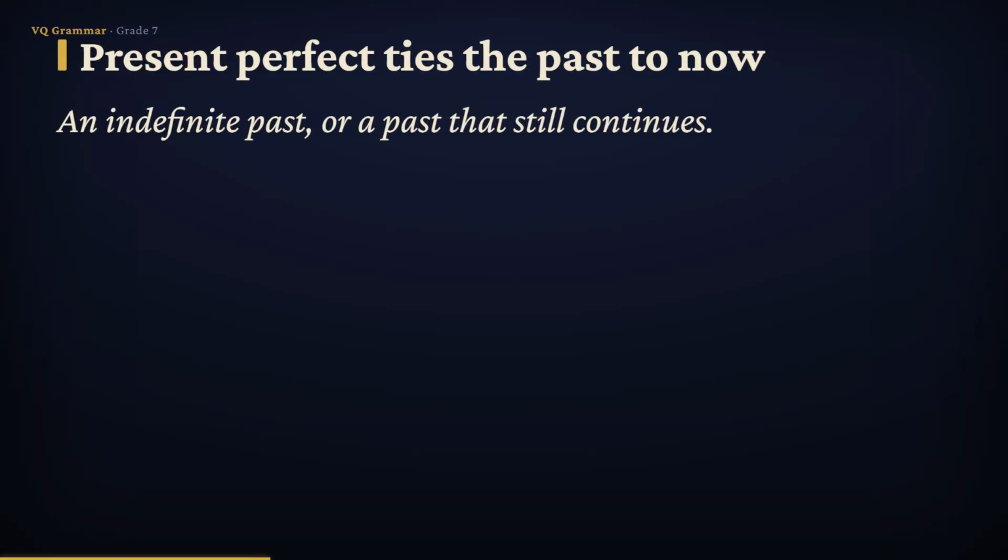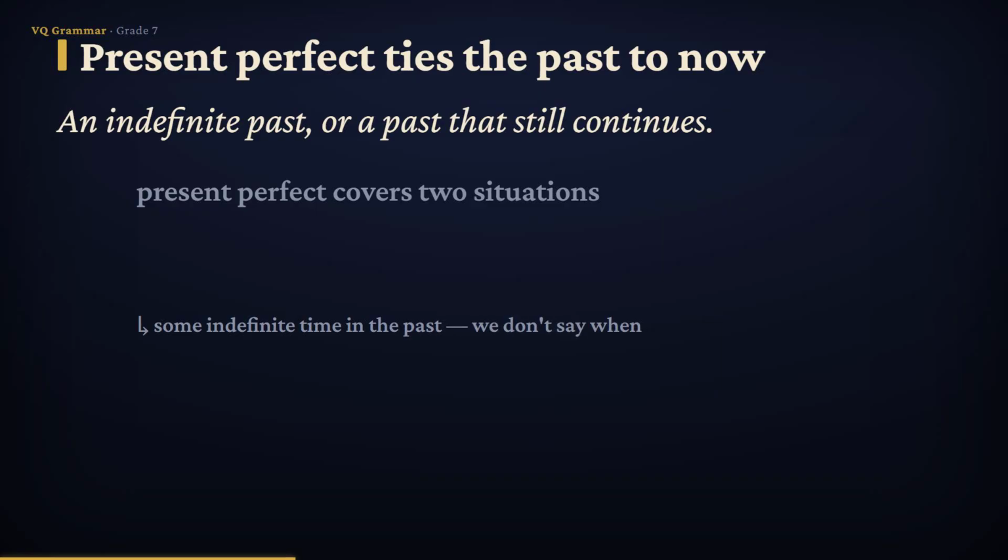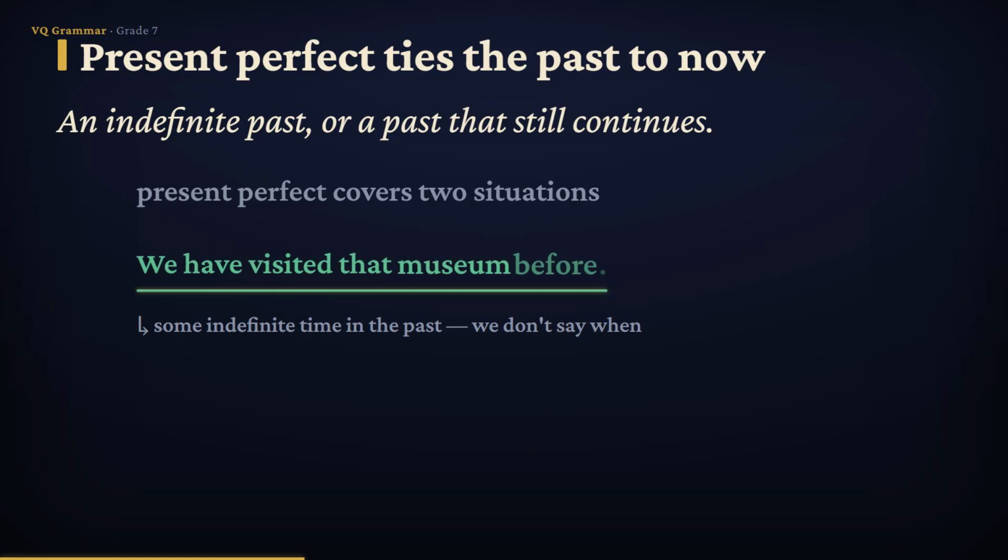Now, what does the present perfect actually mean? It covers two situations, and both connect the past to right now. First, it can describe something that happened at some indefinite time in the past, when we don't say exactly when. We have visited that museum before.